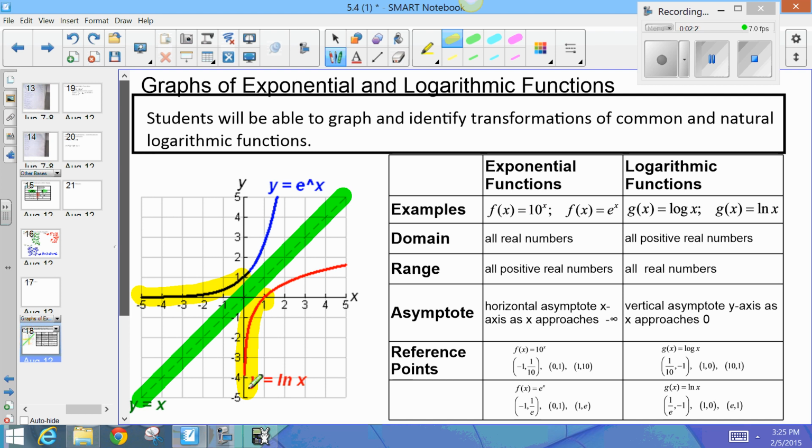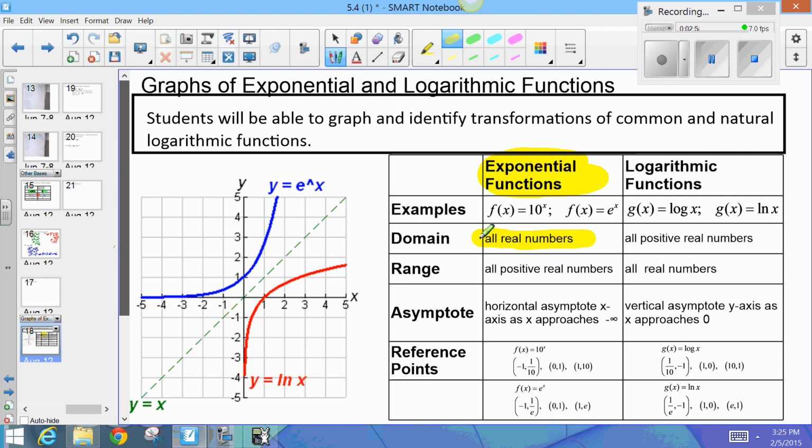All right, let's talk about domain and range. Let's again think about the function e to the power of x. What values can I plug into x in that function? Well, an exponent can be any number. It can be positive, it can be negative, it can be 0. There are no restrictions on that domain. So the domain of the exponential function is all real numbers.